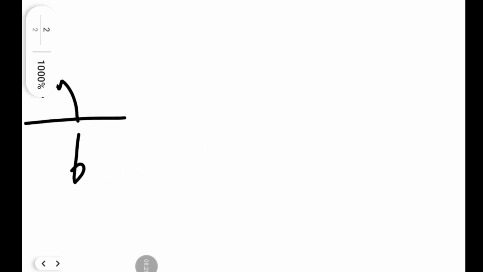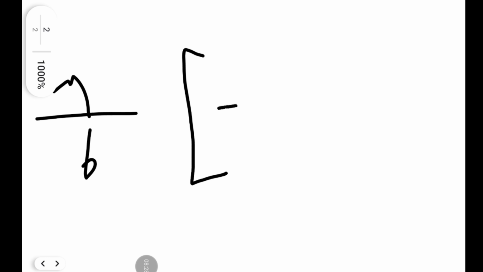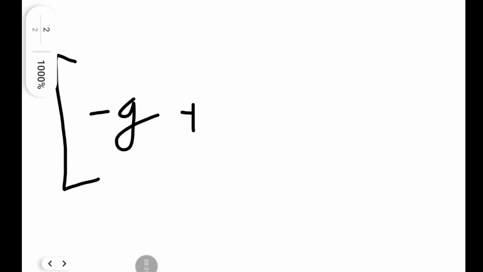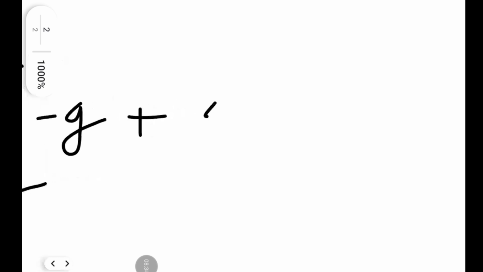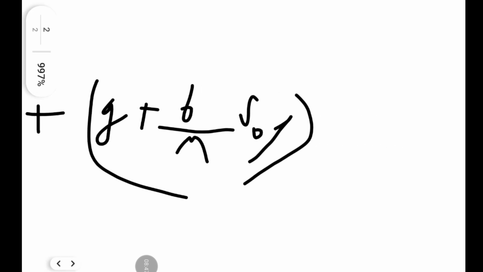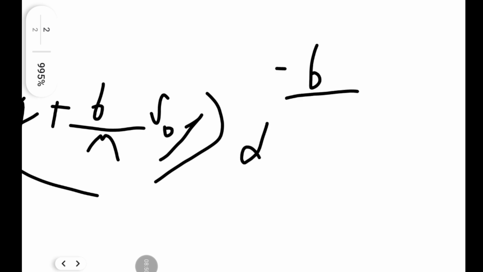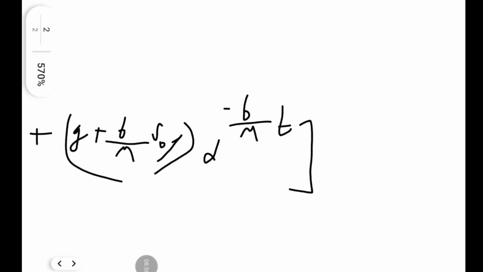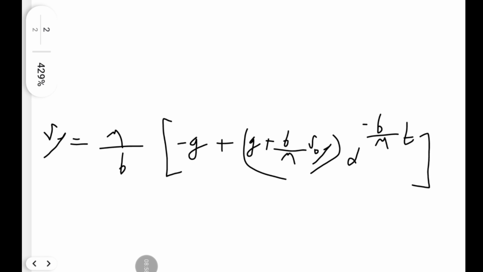So the final form you can get it into is Vy is equal to mass over b, and then inside the brackets we're going to have minus g plus g plus b over m, times v0y, e to the power of minus b over m t, and then close the brackets. So that's basically the final form you get for the velocity of y.